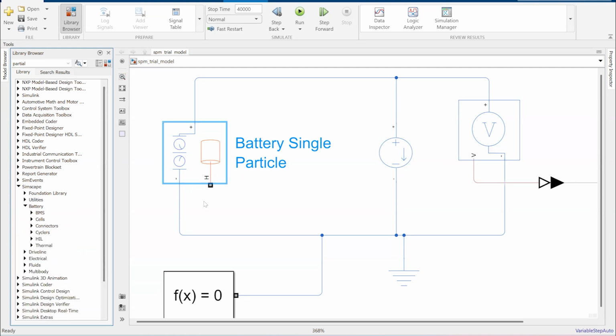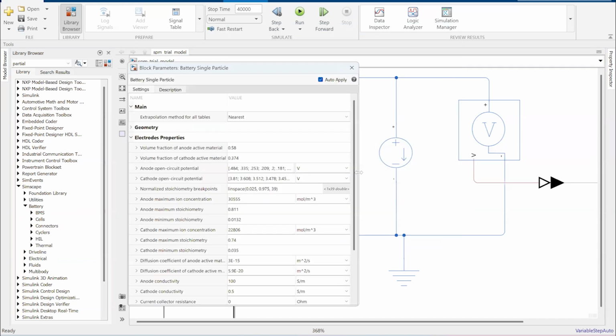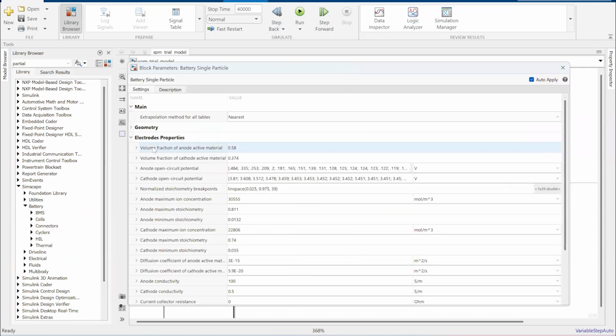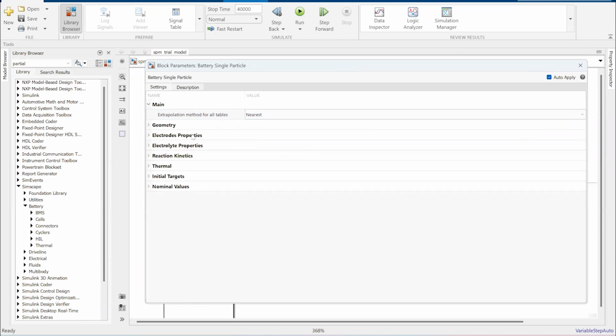So in the meantime, let's have a quick look at the parameters present within this single particle model. Once you find it in the Simscape library browser toolbox, you can take a quick look at what parameters are present within this. You can see what exactly are all the parameters and constants involved in modeling this type of cell.